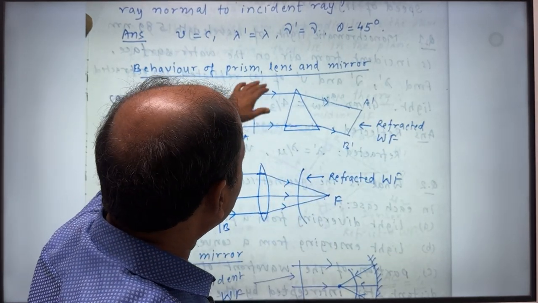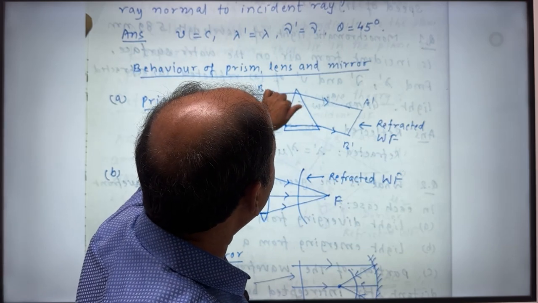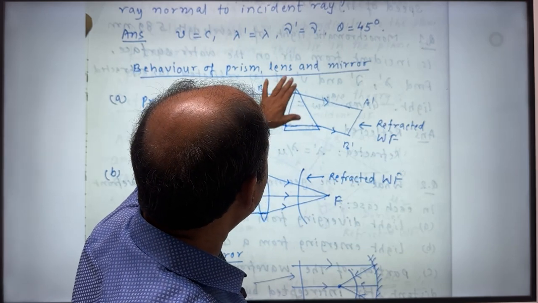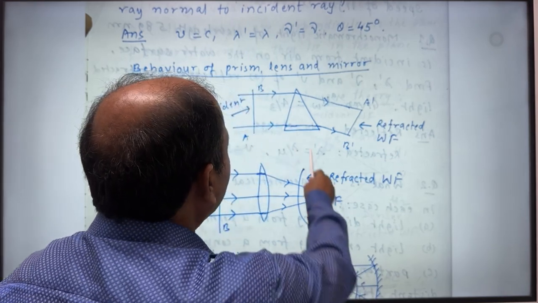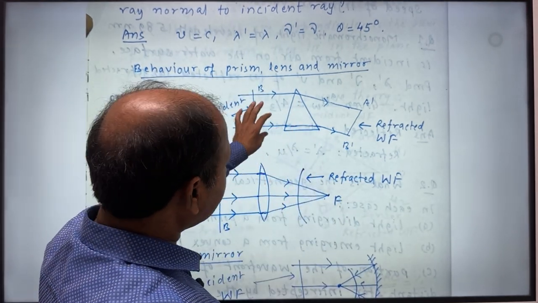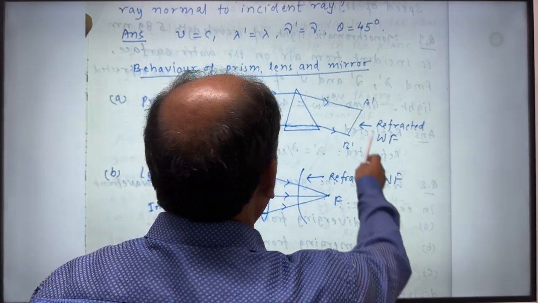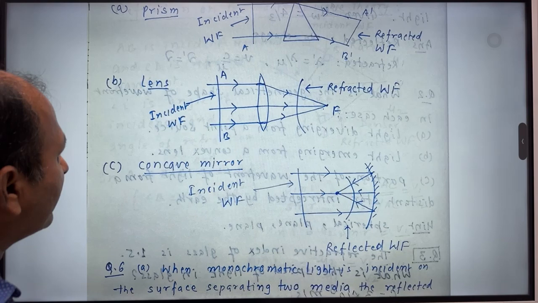It is obvious that this ray is traveling for less time inside the glass prism, so speed is slowed down momentarily, whereas in this case, the time taken to travel inside the glass is larger. That is why this path will be shorter. Correct? Now consider the case of lens.